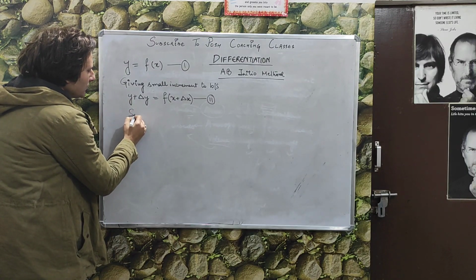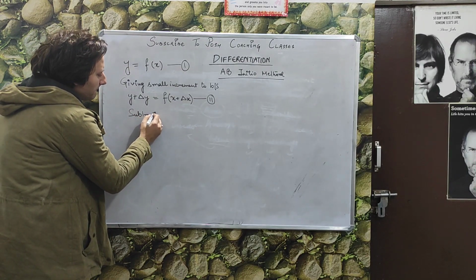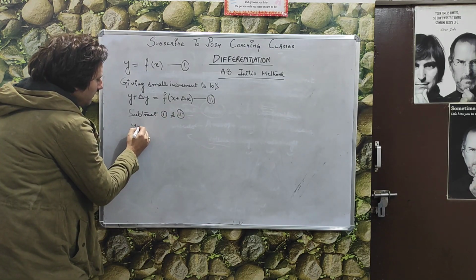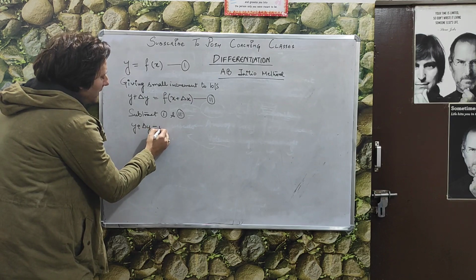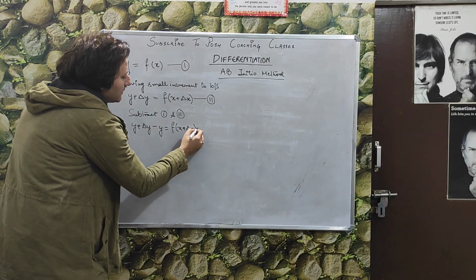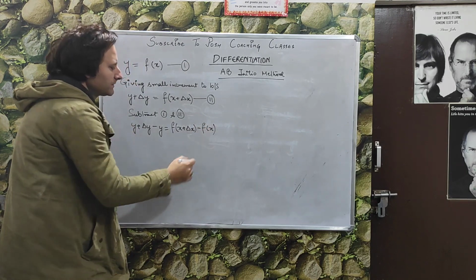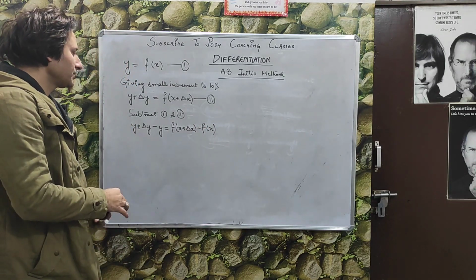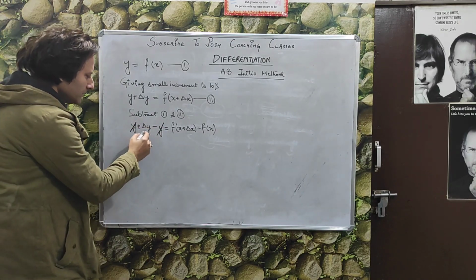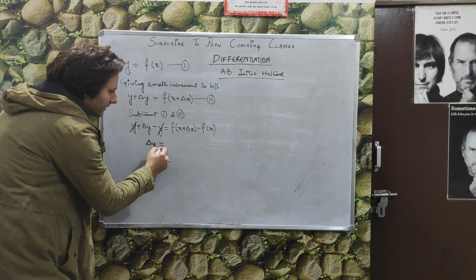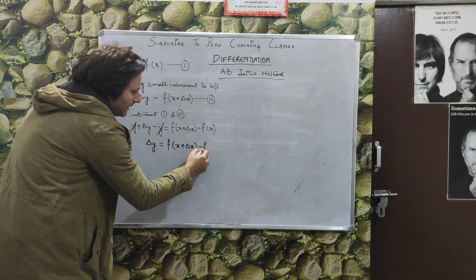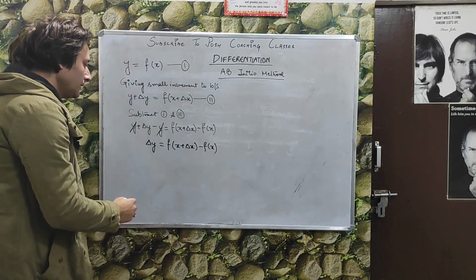Now what I will do, I will subtract both. Subtract first and second. Y plus delta y minus y is equal to f of x plus delta x minus f of x. I think it's pretty much clear till now. So now this y and this y go. Now I have delta y is equal to f of x plus delta x minus f of x.